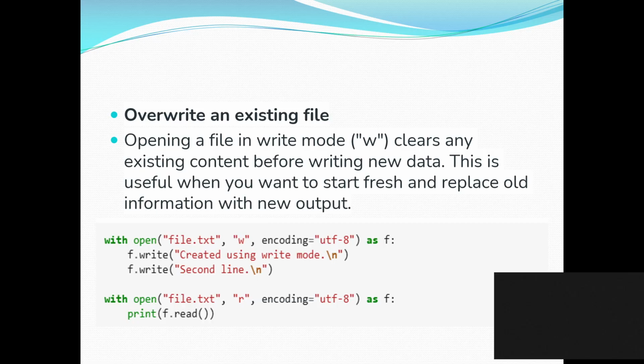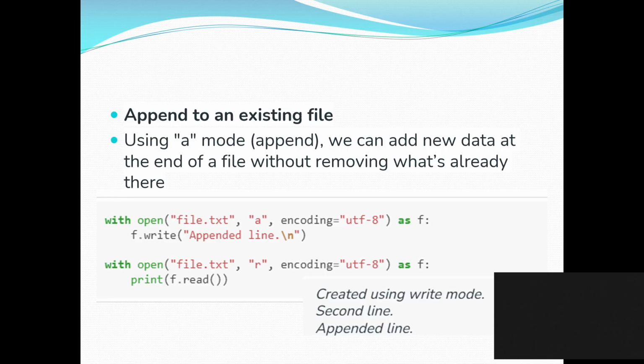For those cases, we have append. Using A, which is append, we can add new data at the end of the file without removing what's already there. So the first output will be created using write mode, whereas the second one will be the appended second line. I hope you've understood why append is used.